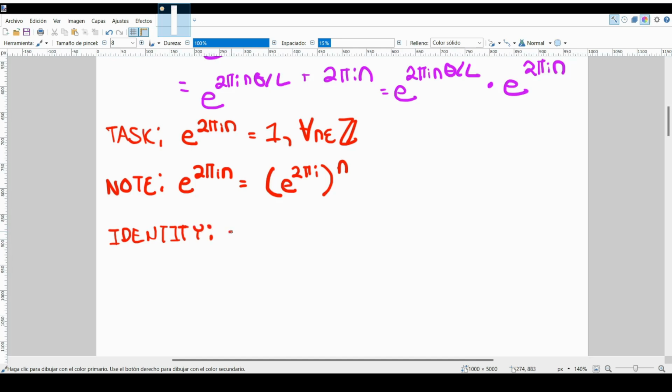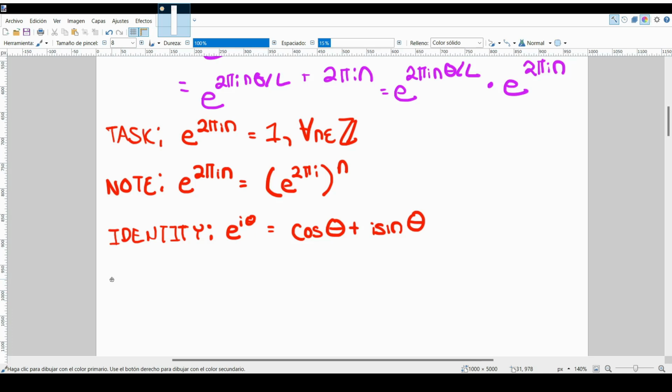We can note that e to the I theta is the equivalent of cos theta plus I sine theta. Now, we can apply this to this term here. And in this case, our theta is 2 pi.